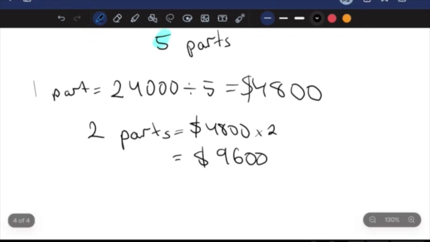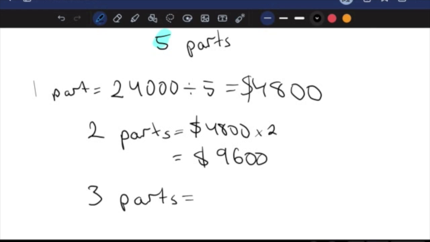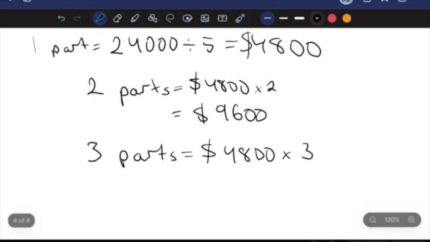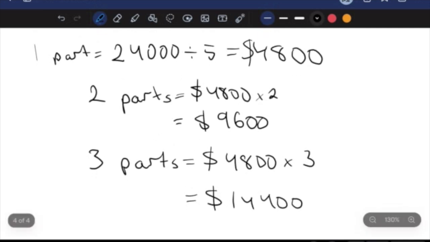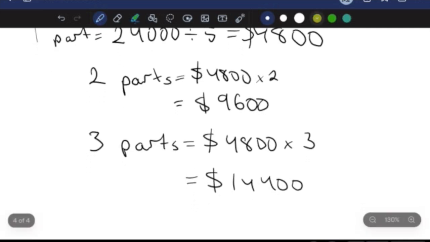And then to find my 3 parts, the second part of my ratio, I take my 1 part, 4,800, and multiply it by 3. That's going to give me 14,400. So I have split this up into the ratio: 2 parts being 9,600 and 3 parts being 14,400.